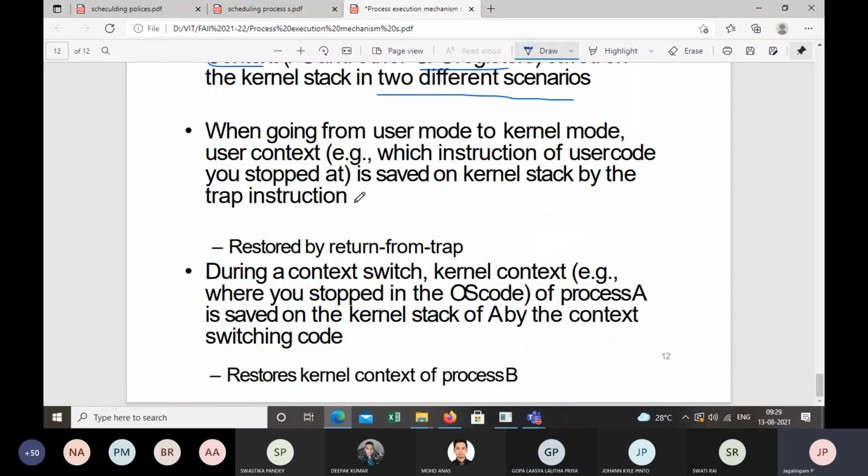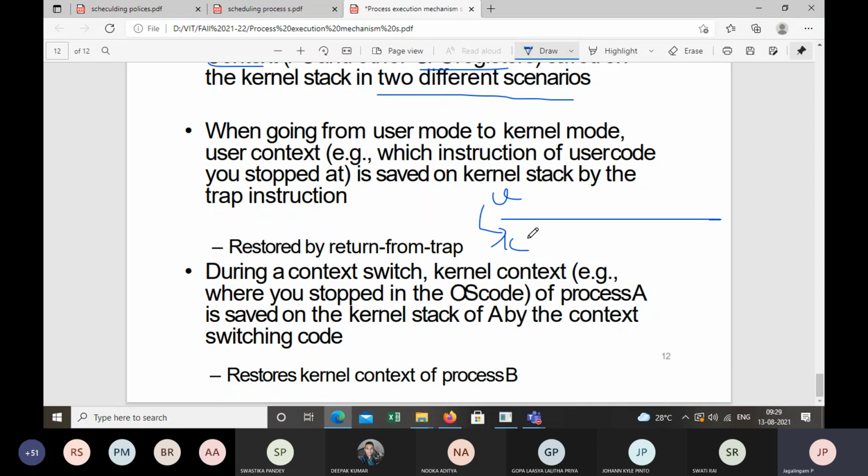So there are two different scenarios where we save the context of the process. The first scenario is when we go from the user mode to the kernel mode of a process, we save the context, right?